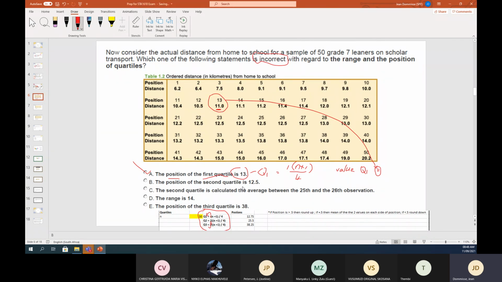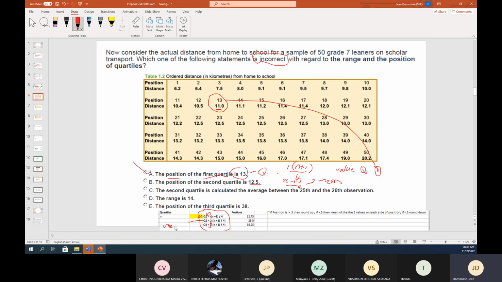The position of the second quartile. The second quartile would have been 2 times n plus 1 divided by 4. Now look at Q2, that is also the same as your median. So that's another one you can bring into this.